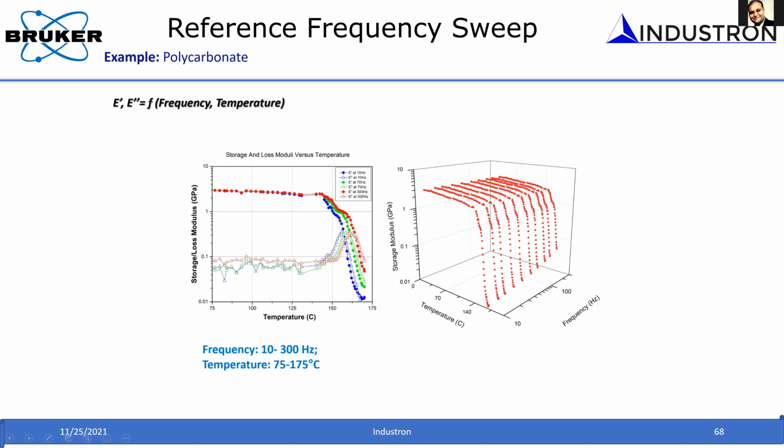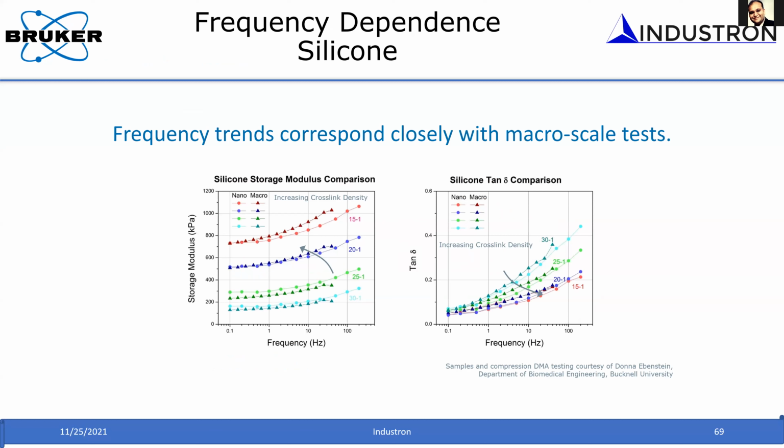So again, this particular technique that I mentioned, measuring the loss and storage modulus using the indentation technique, was new at the time when we introduced it. So we wanted to compare how it compares with the macroscale dynamic measurement technique. You can see in this particular plot, storage modulus versus frequency, there are two plots.